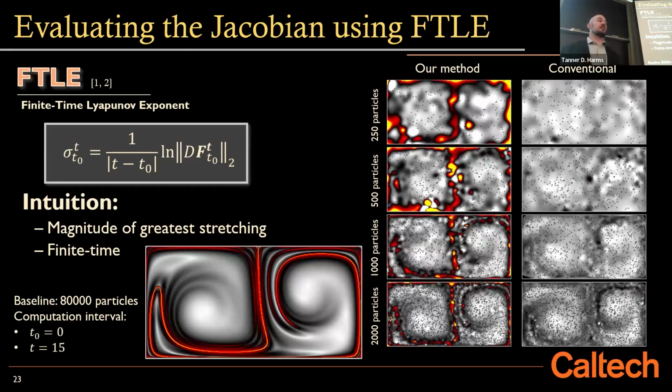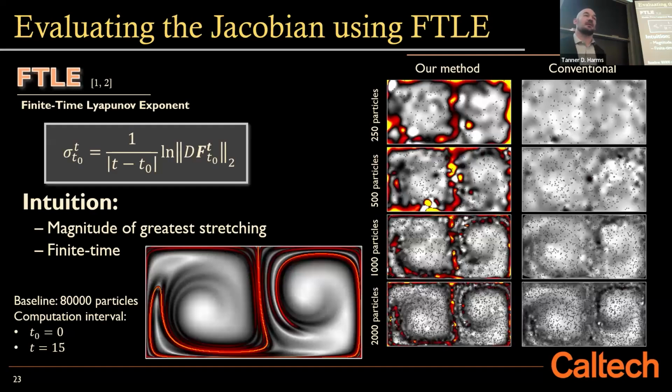Essentially, what it's measuring is how much fluid stretches from that point in the flow over some observation interval, okay? This is our baseline. What we're looking for essentially are these red ridges which go through the domain. Essentially what those are telling us is that fluid that starts on one side of those ridges is going to be prevented from going to the other side of those ridges throughout the time of the interval.